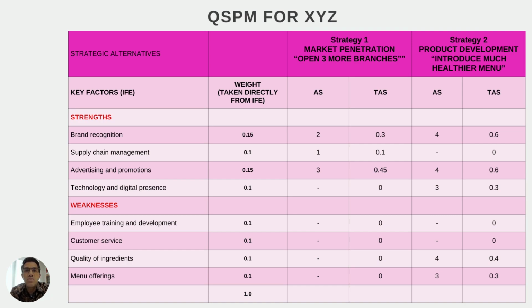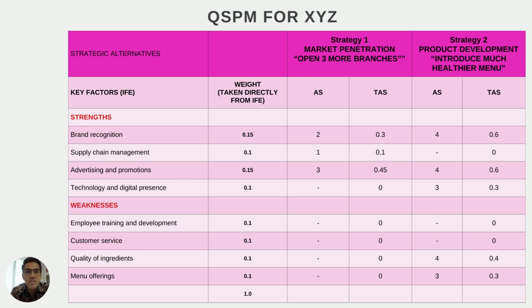So this will give you 0.3. And for strategy number 2, 0.15 times 4, this will give you 0.6. So you need to do this multiplication for each of these variables between the weights and also the attractiveness score for the respective strategy. That will complete your step number 5.